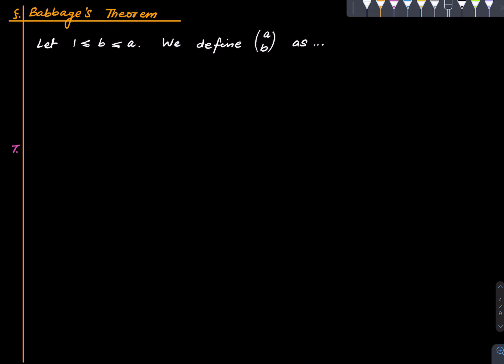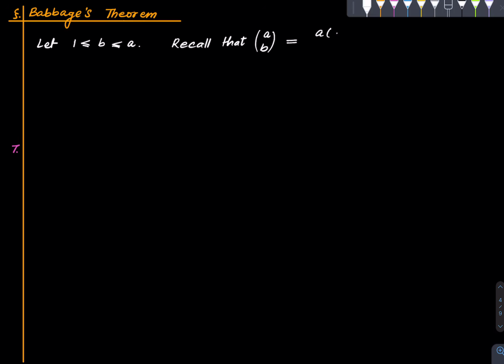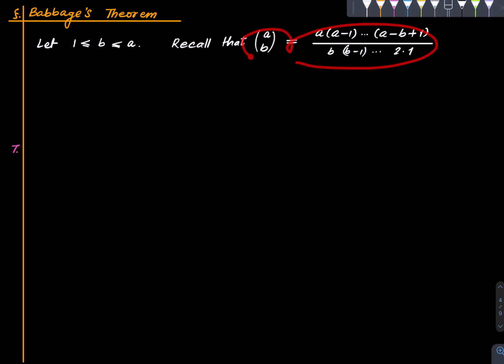Recall that a choose b is equal to a(a-1)...(a-b+1) divided by b(b-1)...2·1. Of course, this is not the definition of a choose b. A choose b is the number of ways of choosing b objects out of a given objects. It turns out to be equal to that.